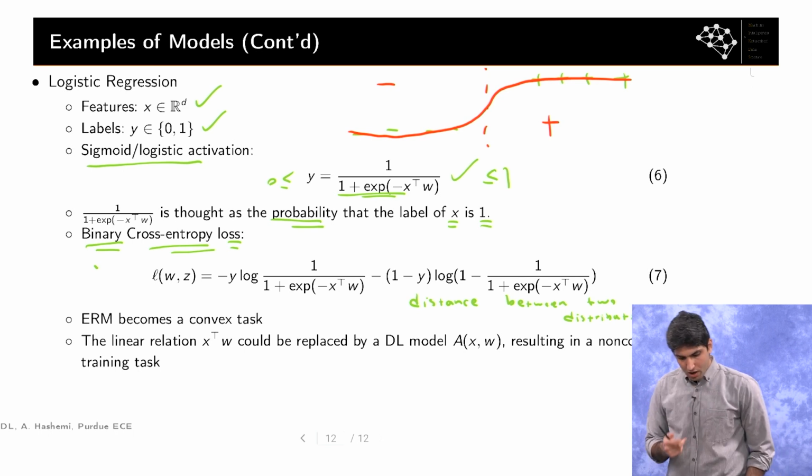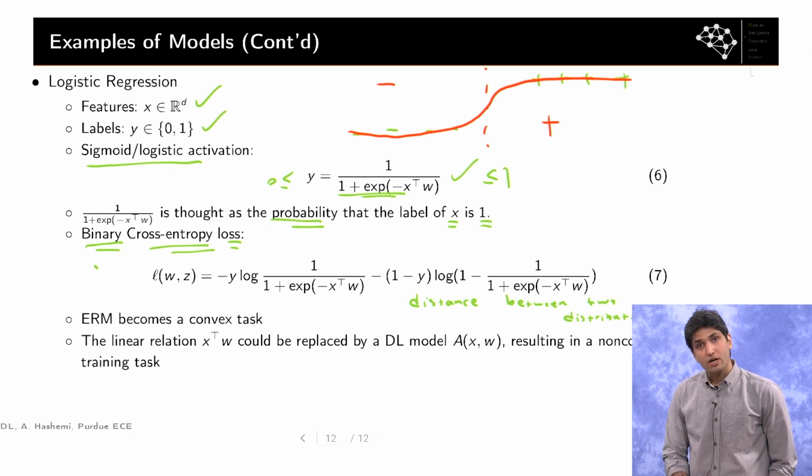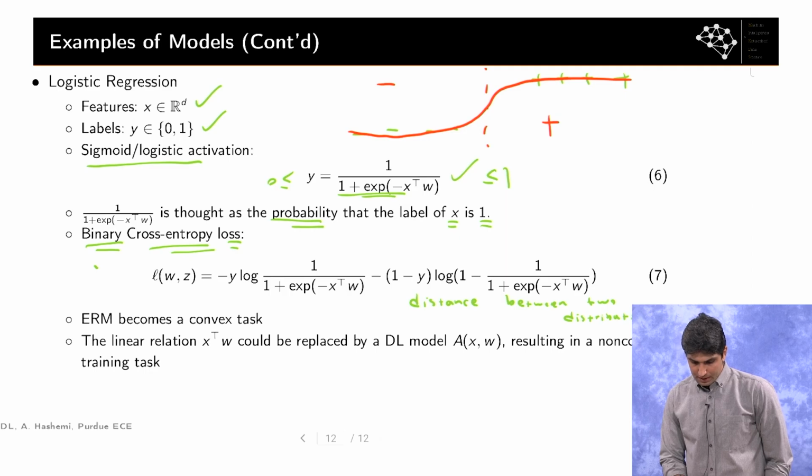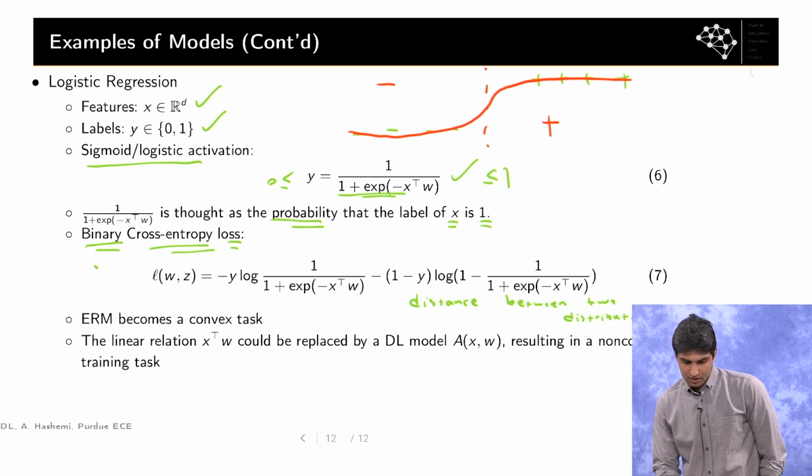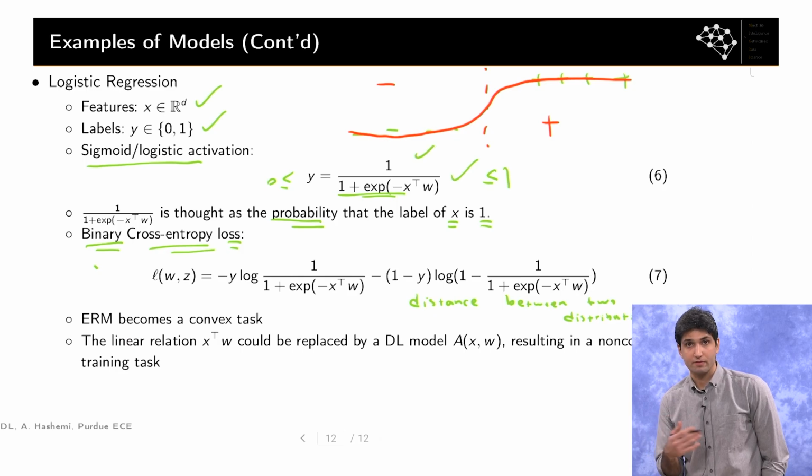Now, like the other two examples we talked about, this is going to lead to a convex optimization problem. So our training problem becomes a convex problem and can be solved very efficiently, as long as we use this specific way to represent the relationship between the features and labels, and as long as we leverage the binary cross-entropy loss.